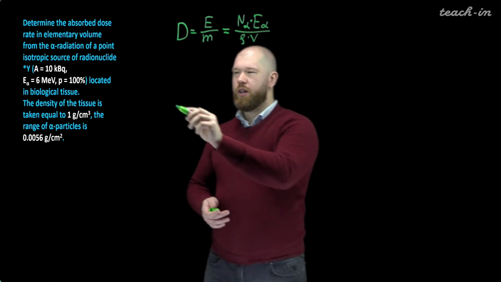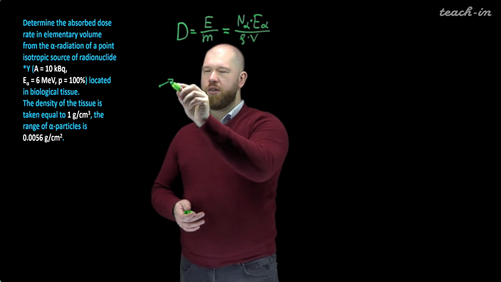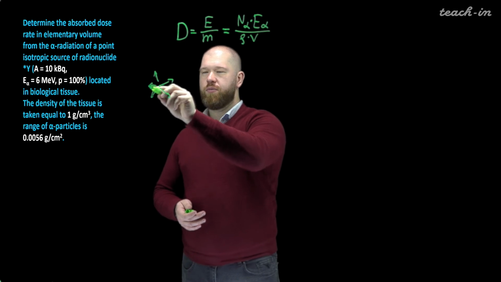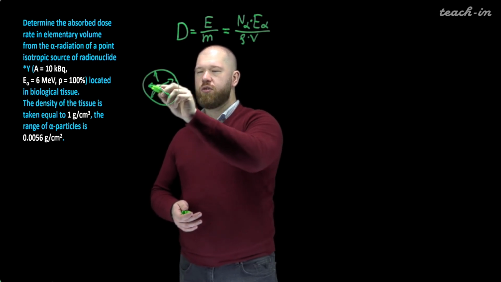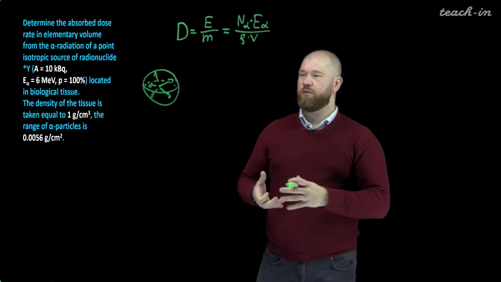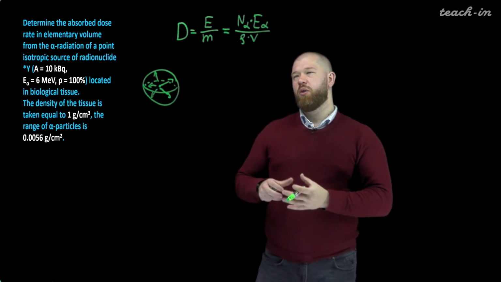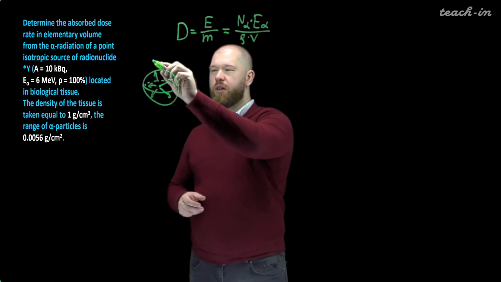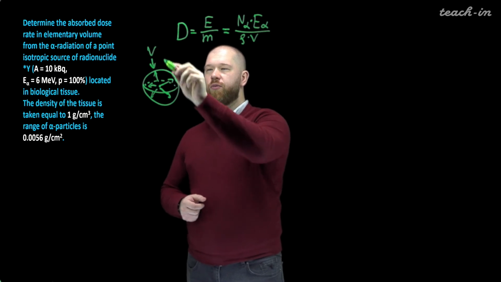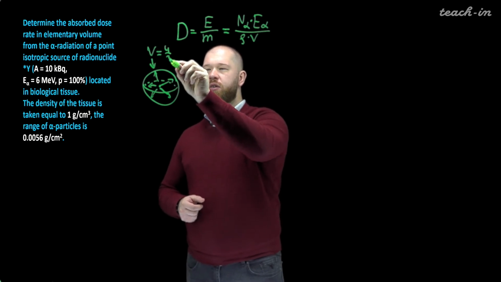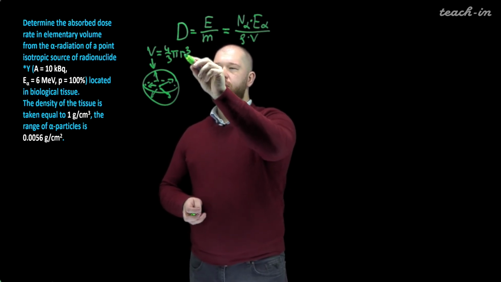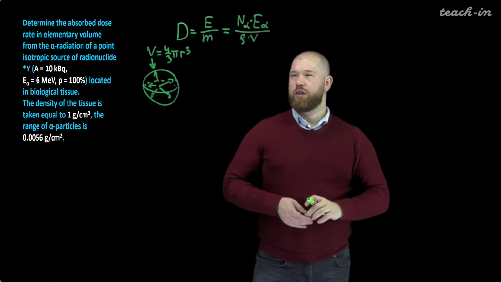In the case of an alpha particle and our source, again, we assume that all the radiation goes isotropically to the sphere, and thus all the energy will be absorbed in the sphere with the volume equal to 4/3 π r cubed.